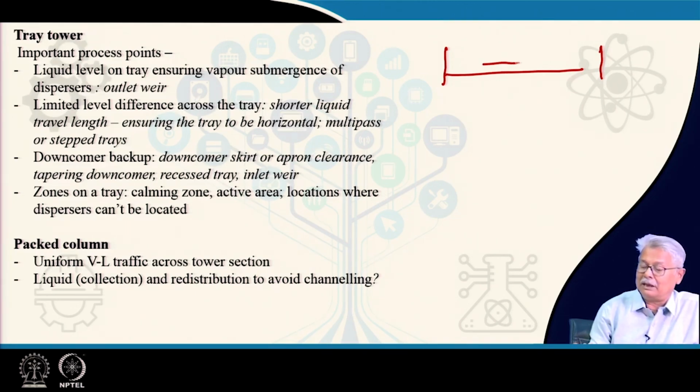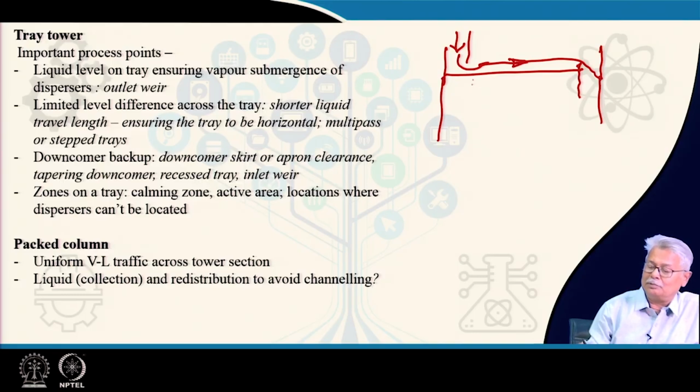But here in case of cross flow trays, the liquid will be coming from the upper tray, flowing out like this, flowing over the weir and going this way. This is the downcomer of the tray. You will notice that the vapor is approaching the tray from the bottom.